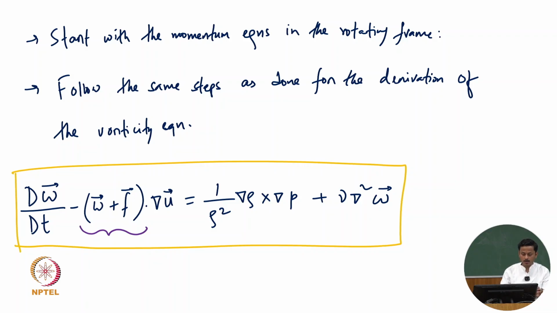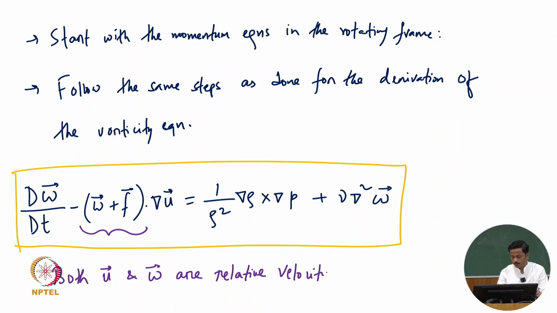This is the only term that is different as compared to the non-rotating vorticity equation. You might want to compare both the equations. Now remember that in this equation, both vector u and vector omega are relative velocity and vorticity.